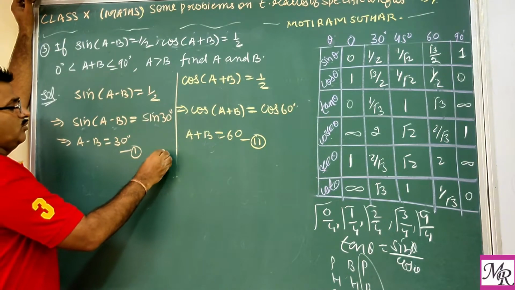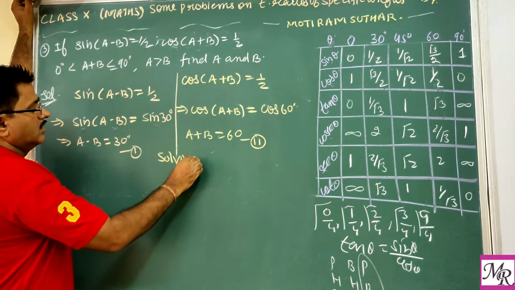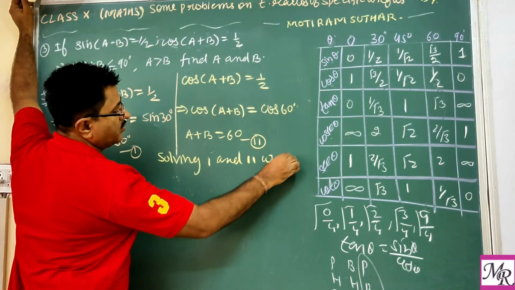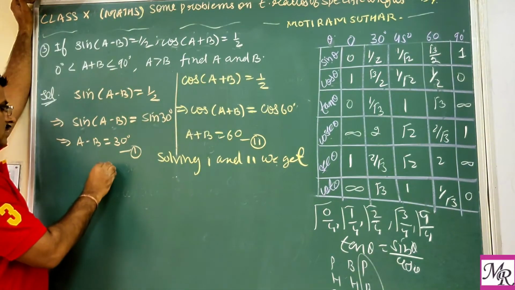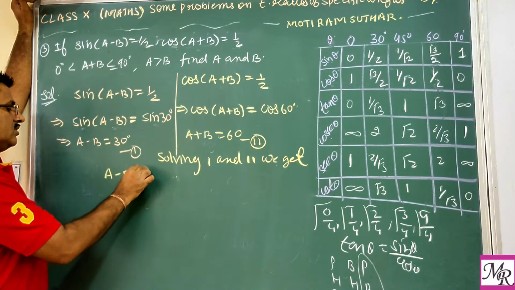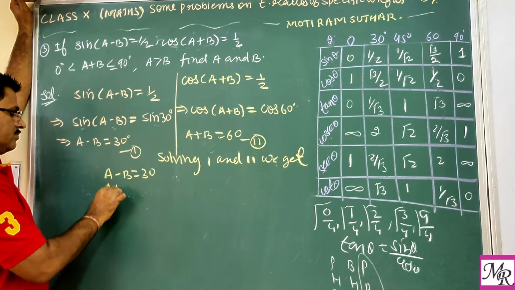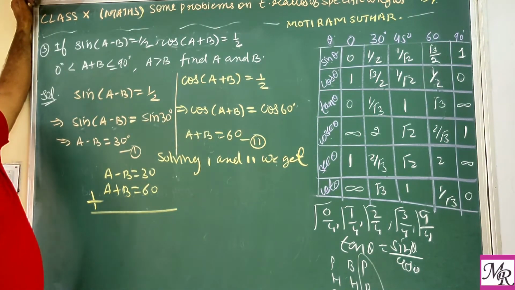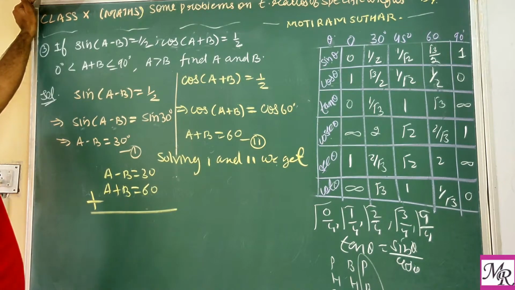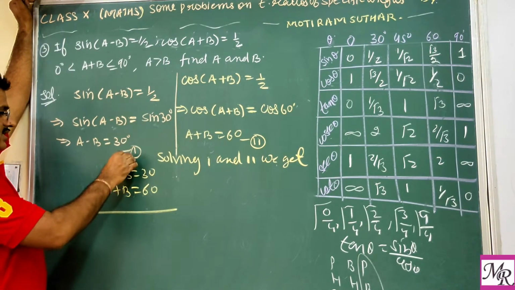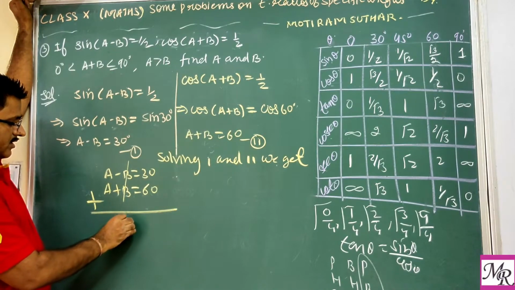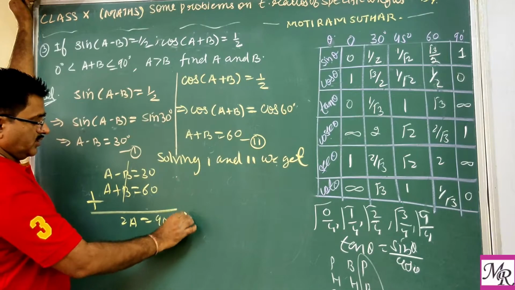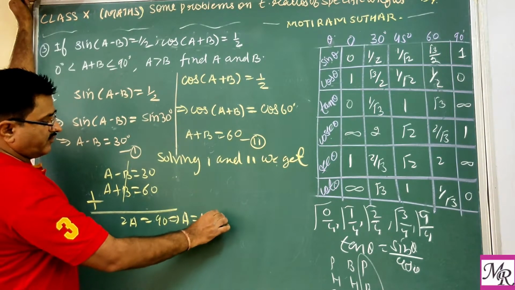So solving 1 and 2, we get A minus B equal to 30 and A plus B equal to 60. Now add these. Clear? By the elimination method. So B and minus B cancel. A plus A is 2A. 60 plus 30 is 90.